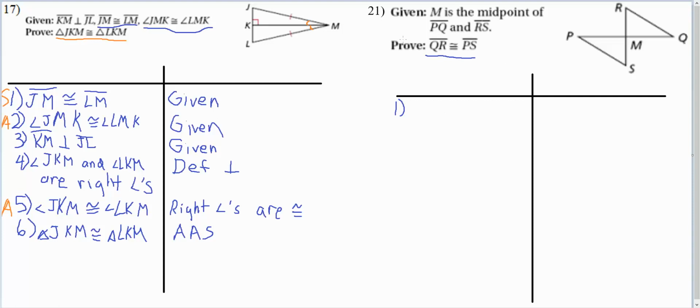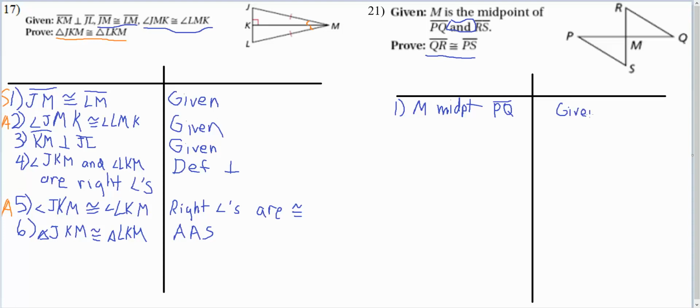So here, notice the given. It looks like one statement, but that word and is a bit tricky, and it really means that we have 2 givens. So our first given statement, M is the midpoint of our segment PQ. That is given.